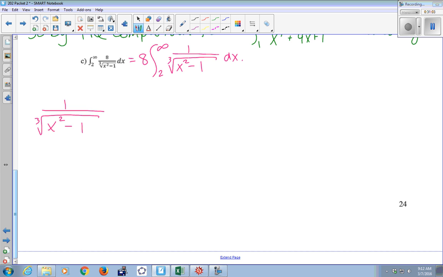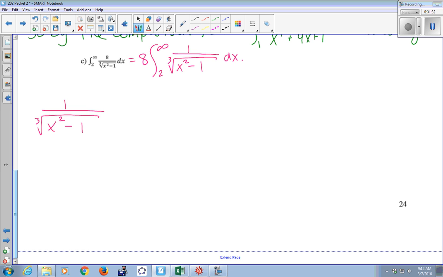I want to compare it to another function that's much simpler. There are only 2 kinds of functions I know the behavior of: 1 over x to the p, where I can choose a p, and 1 over e to the ax, where I can choose an a. So I have to compare it to one of those 2.